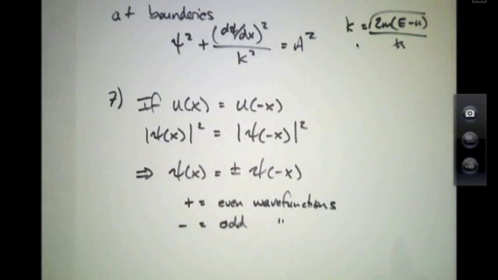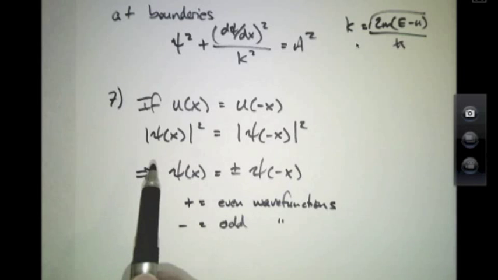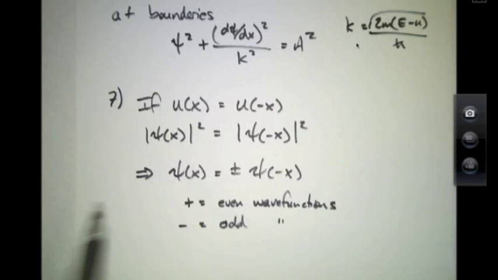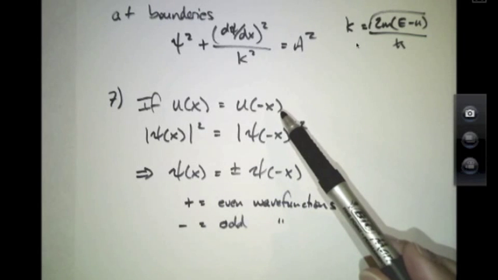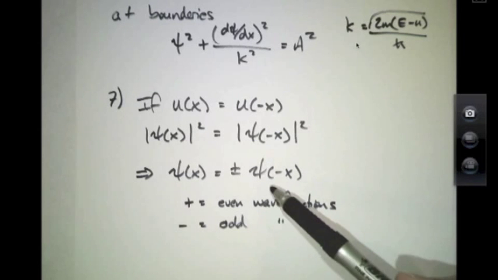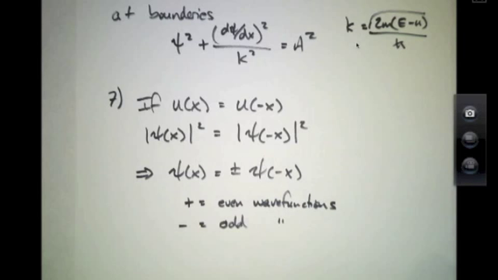And it turns out these will have measurable differences, even though the norm squared is the same for both positive and negative. But we should just recognize that for every potential like this that's symmetric about the origin, there will in general be even and odd wave functions for this potential. So with those few strategies, then, it's possible to sketch the wave function for rather complicated potentials as much as we might like.